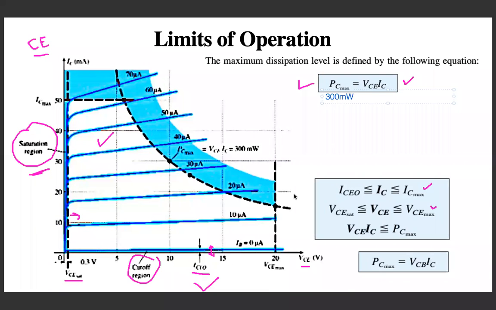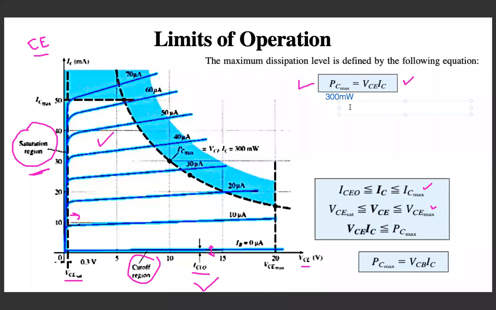So suppose we are having this value, VCE max value is 20 volt. So if VCE maximum value is 20 volt, in that case, the maximum current that we can allow through the collector will be decided by this value.